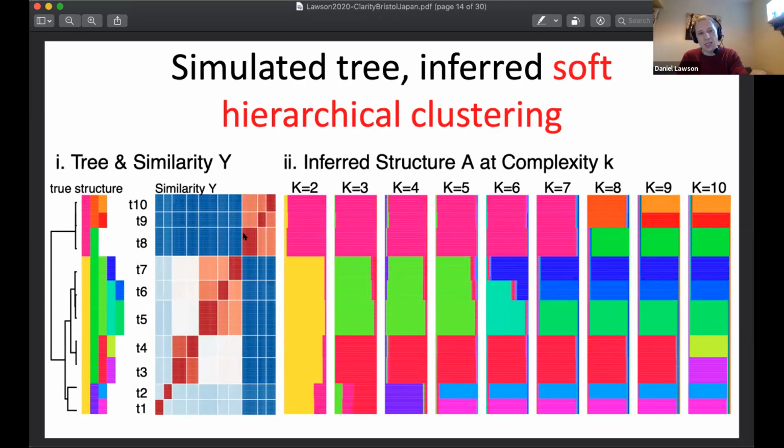So here I've generated a similarity matrix, this one, from a tree, and every branch on the tree induces a cluster. This one here induces a cluster that is made up of these three true clusters. And what we would hope to do is recover all of these clusters with our definition of what structure is, our mixtures, our mixture model.